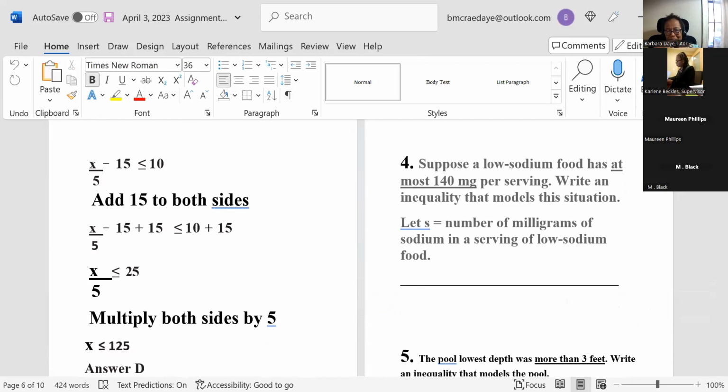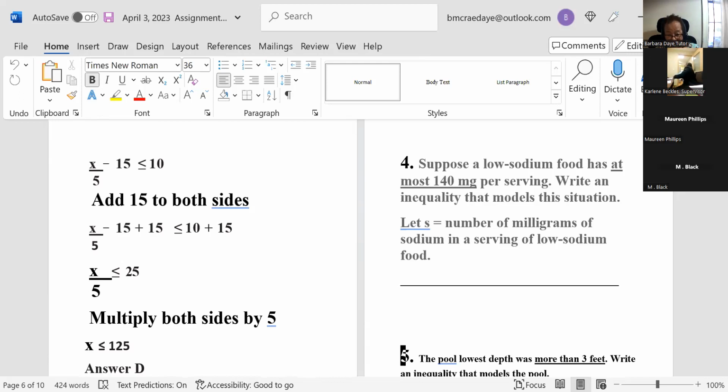At most is the most milligrams you should use. Let me ask you this. At most 140 milligrams, does it mean less than or equal or greater than or equal? I'll give you two choices. Does it mean less than or equal or more than or equal?